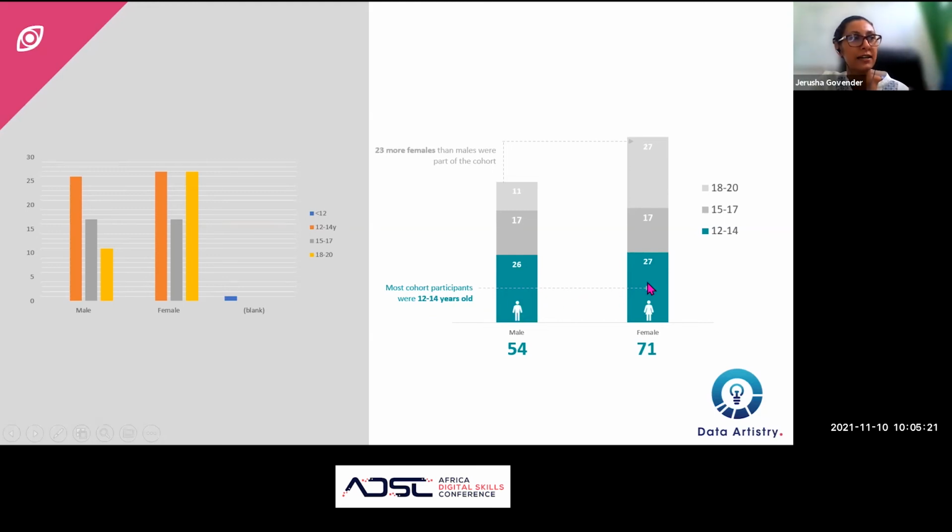So I've already guided you there, whereas in the first version on the left, I have to do a bit of a calculation, or mentally place these bars on top of each other and say, okay, in total, there are more 12 to 14 year olds. And then we've also incorporated icons and lines to help. You'll see the lines help me follow the direction.